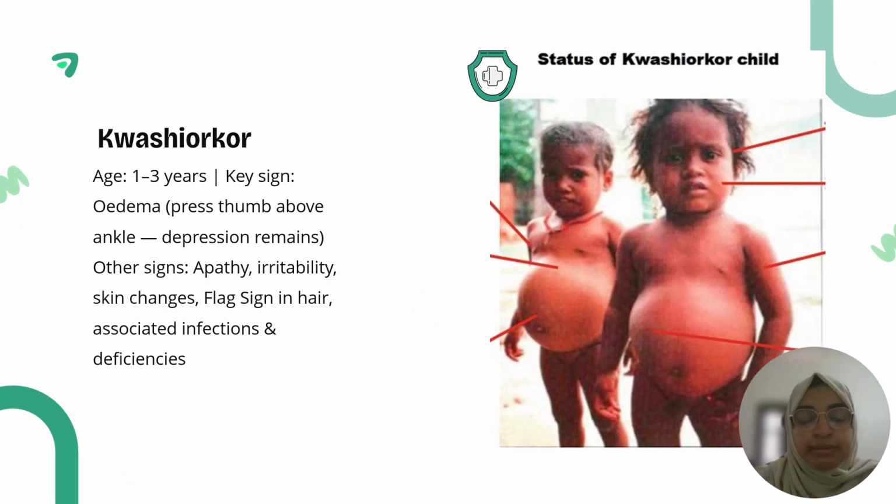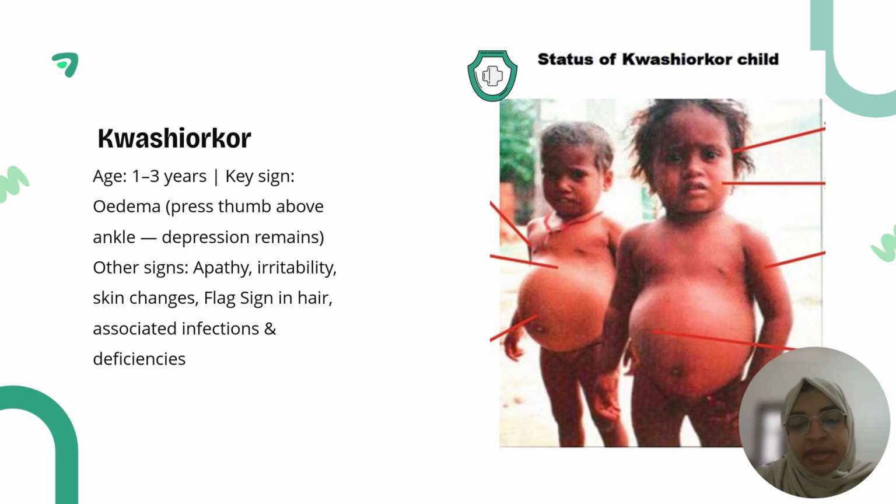Kwashiorkor is a form of PEM. It commonly affects children aged between 1 and 3 years. The hallmark sign of Kwashiorkor is edema or swelling, especially in the legs and feet. Other features include irritability and apathy.